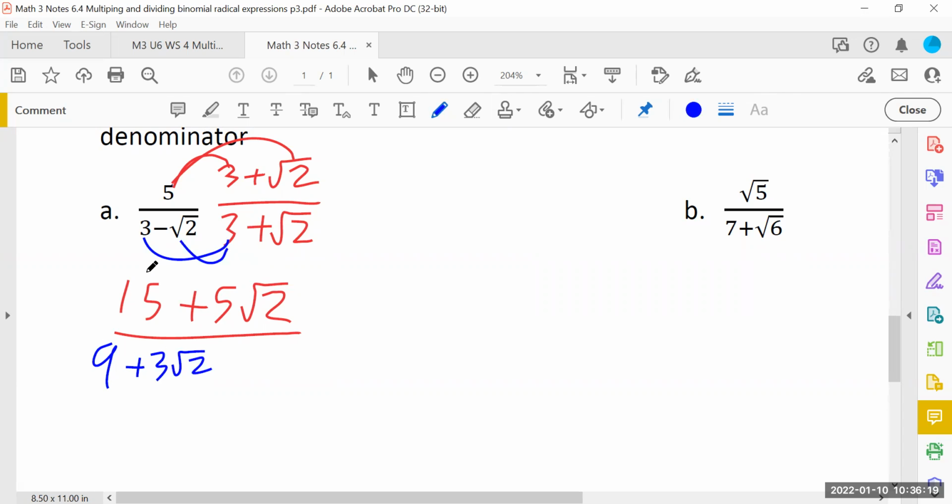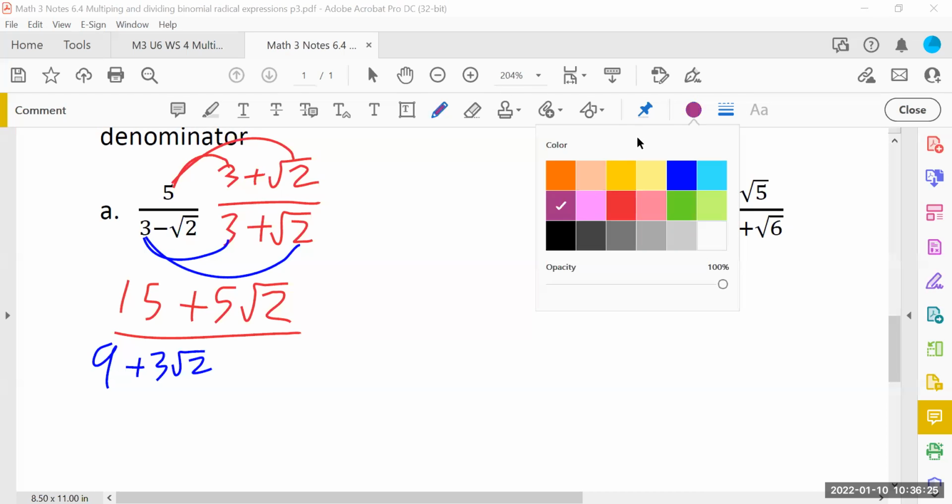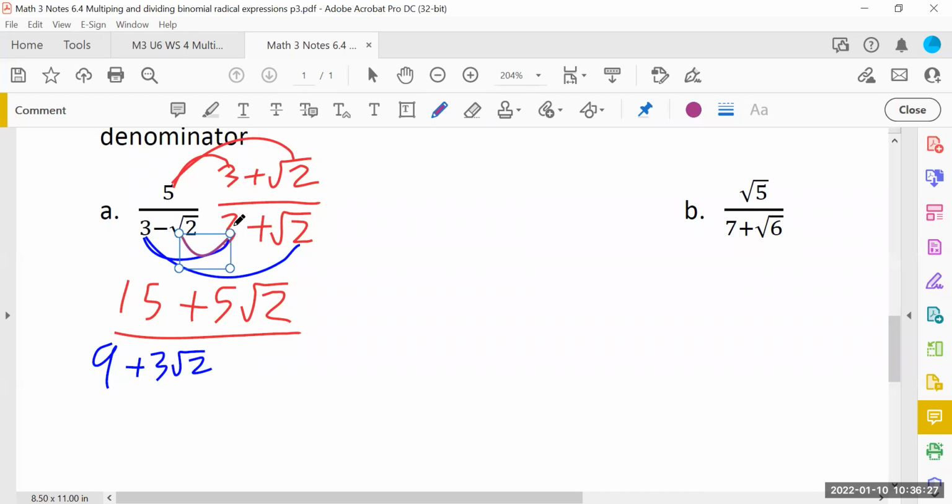Negative root, oops, I didn't actually draw that line there. Negative root 2 times 3, negative 3 root 2, and negative root 2 times positive root 2, negative root 2 times 2.